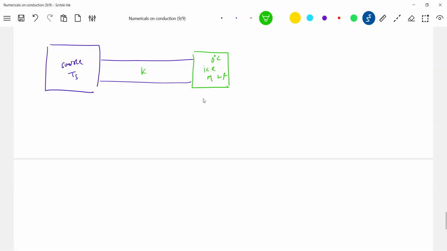This is a thermal conducting rod of length L. Then what is the time taken for the ice to melt?